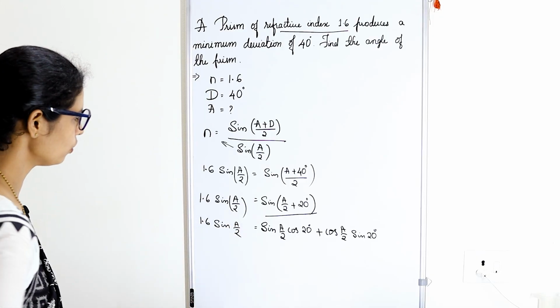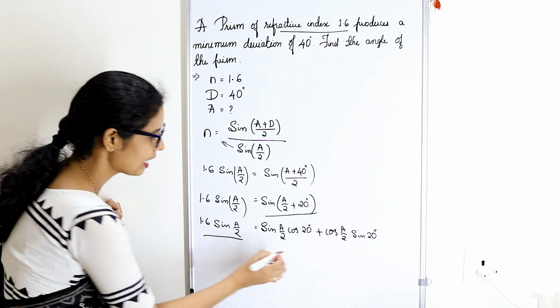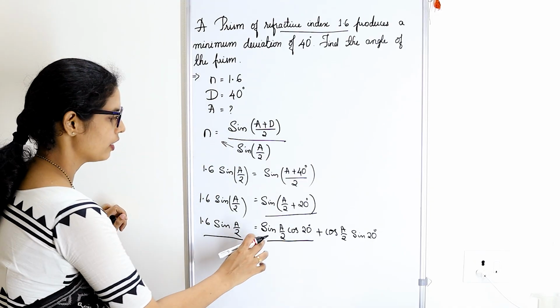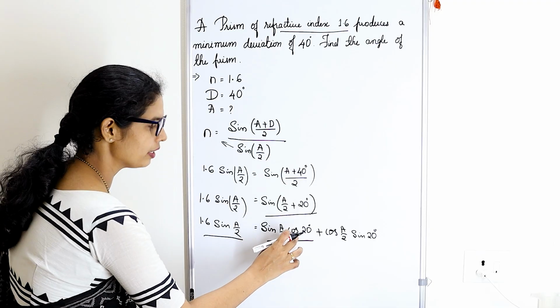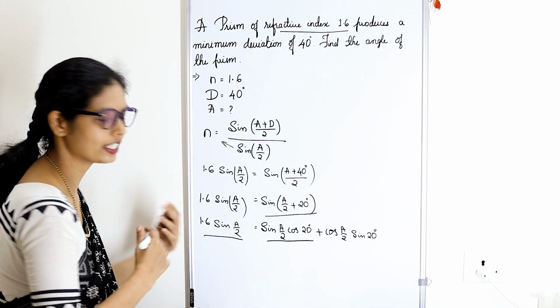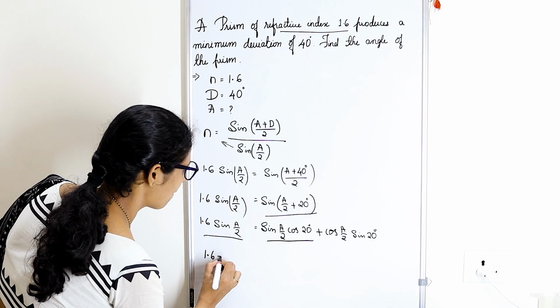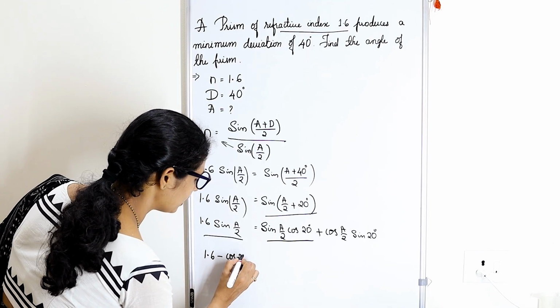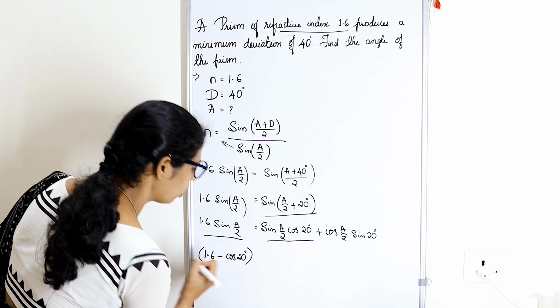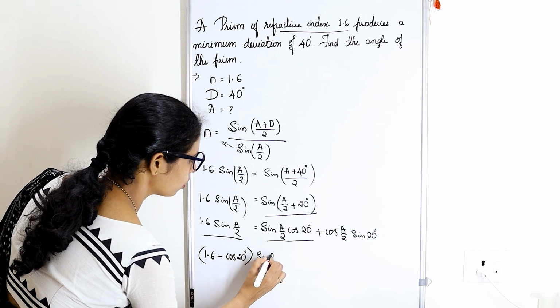So if you notice, here also you have sin A by 2 into 1.6, here also similar thing you have sin A by 2 into cos 20. So when you take this part here, it becomes negative. So it becomes (1.6 minus cos 20 degree) into sin A by 2.